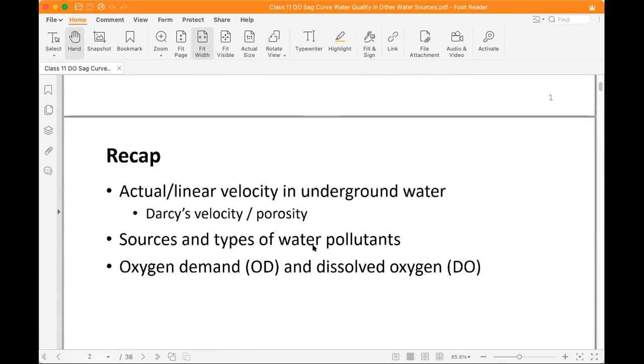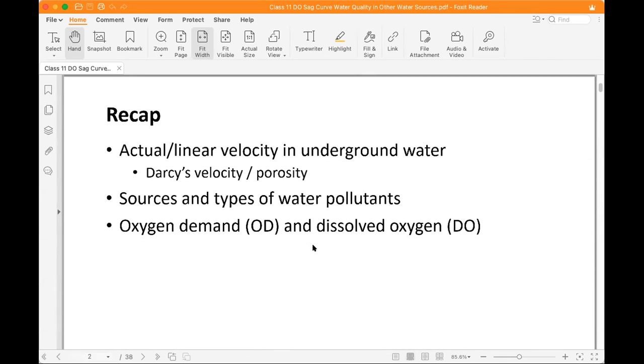So if we do a quick recap, last class we learned about the final contents about the hydrology. So we discussed what is the Darcy velocity, and also what is the actual or linear velocity, right? When the water flows by a certain area, the soil that the underground water is going by is not an open structure.